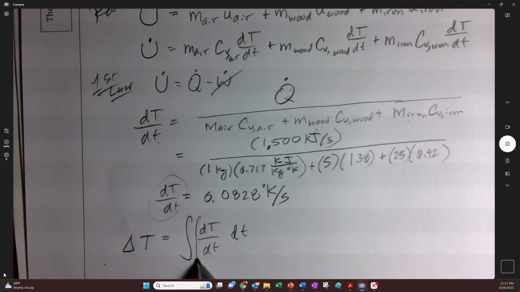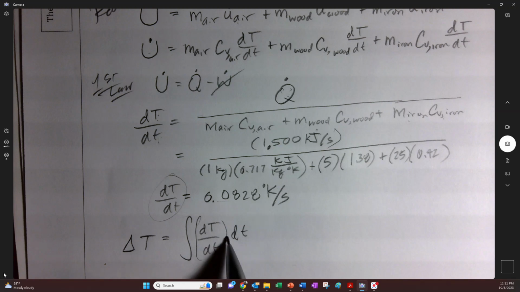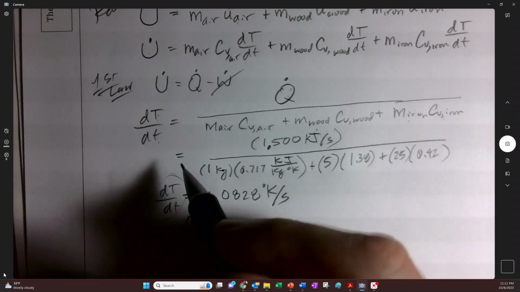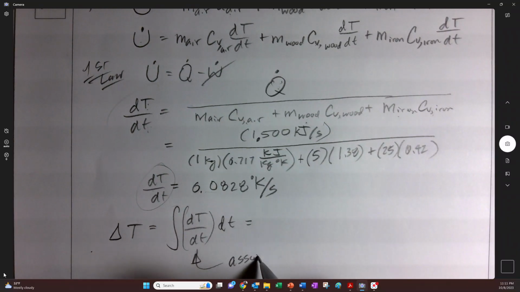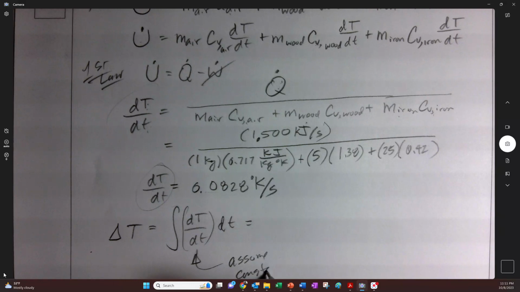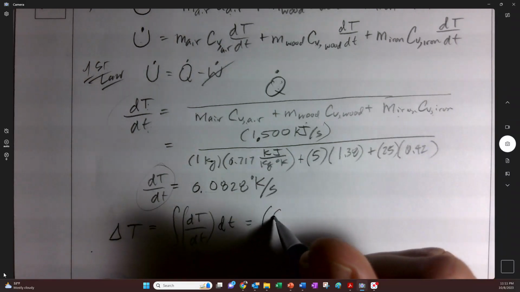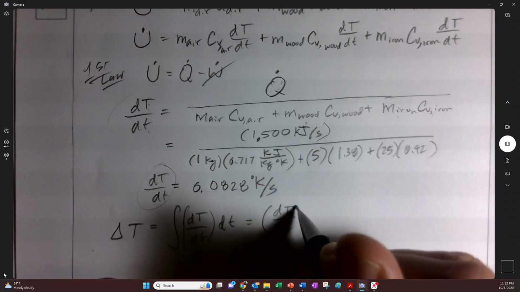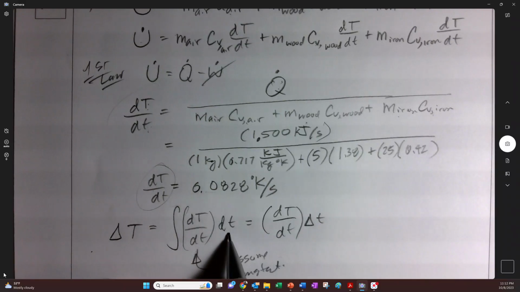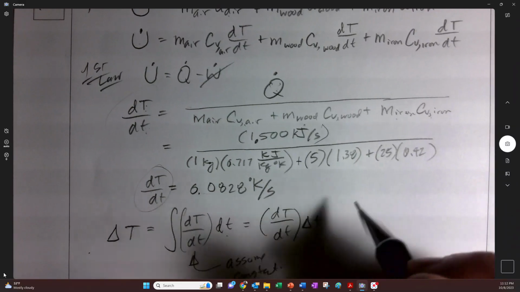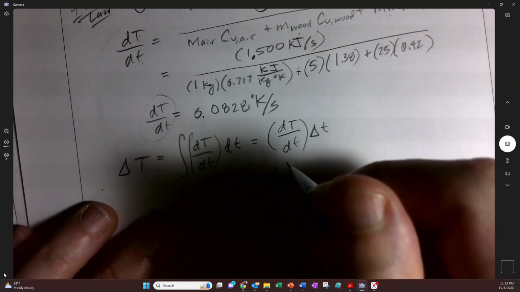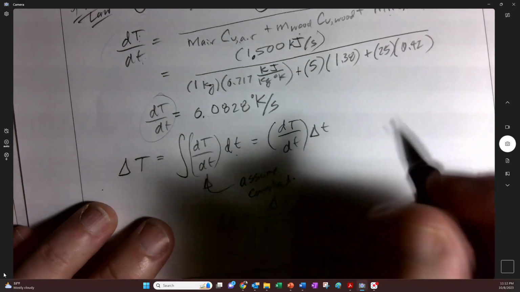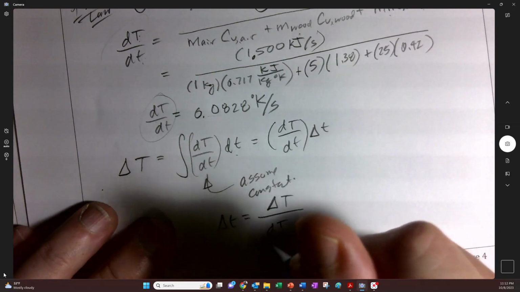Treat that as a value, and once you integrate, if you assume constant, you would just get that number times a delta t against that time. So you could find out how much time it took. So delta t is just going to be equal to the change in temperature divided by this rate that we just found.